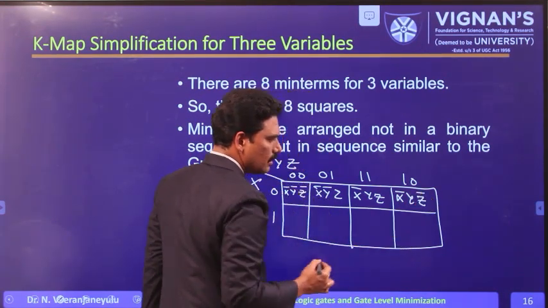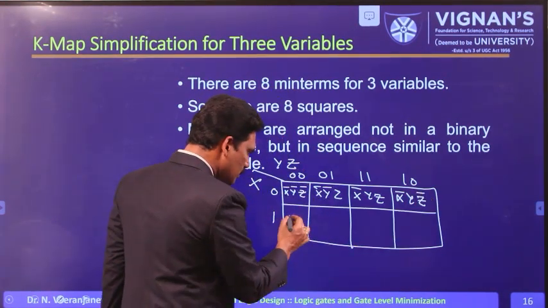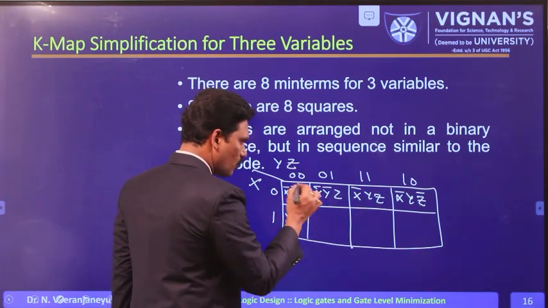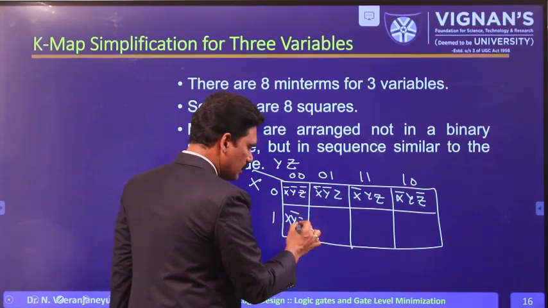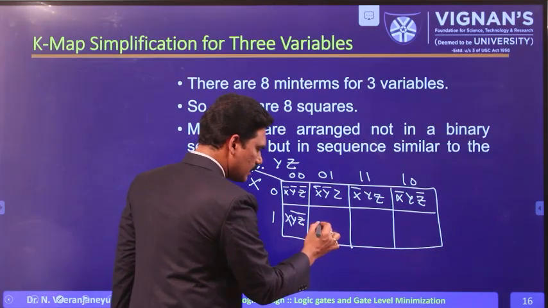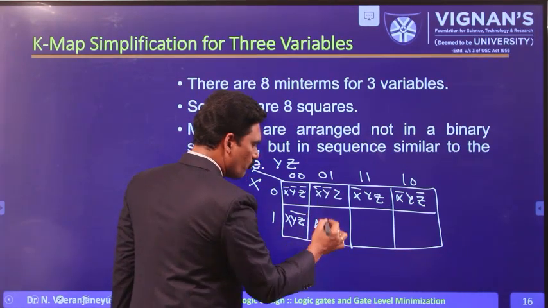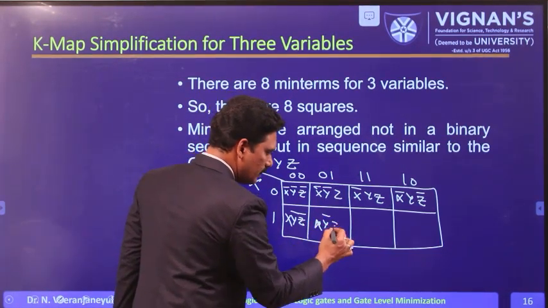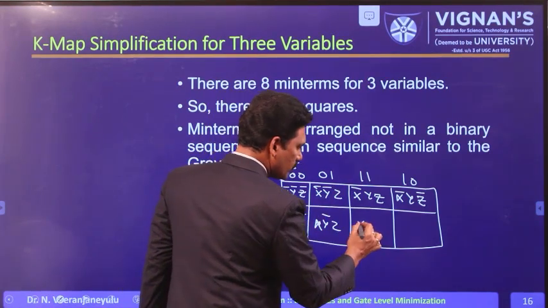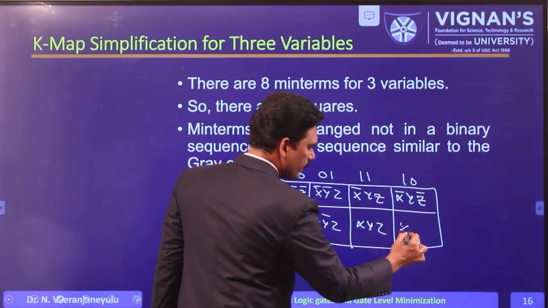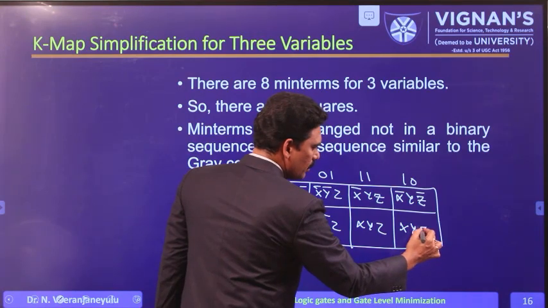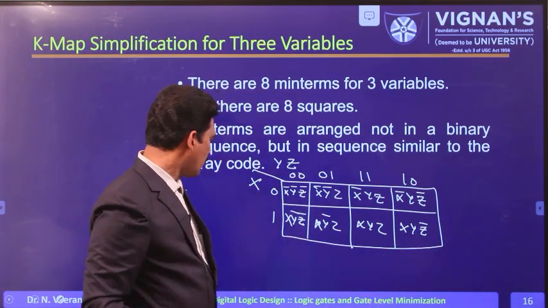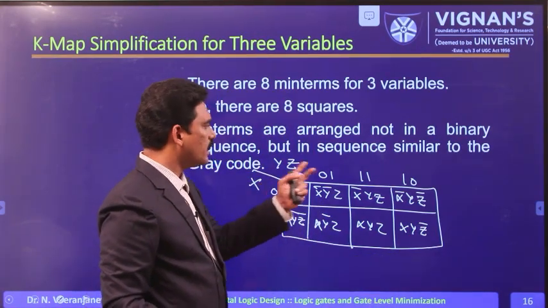And next one is x, y bar, z bar. And this is x, y bar, z. This is x, y, z, and this is x, y, z bar. These are the K-map cells. Okay, this is the 3 variable K-map.